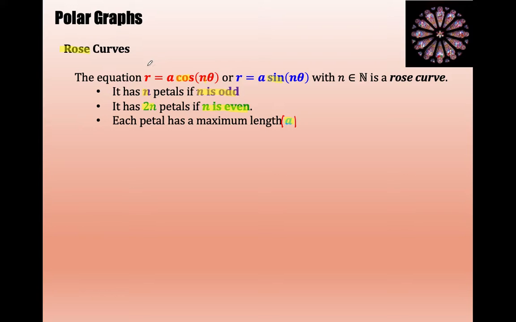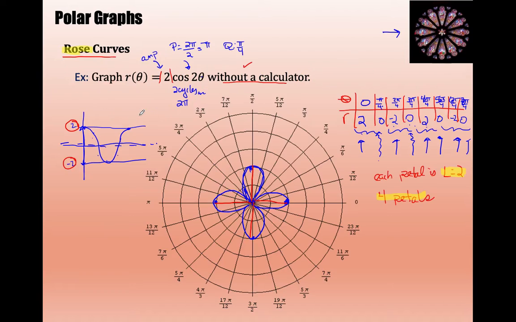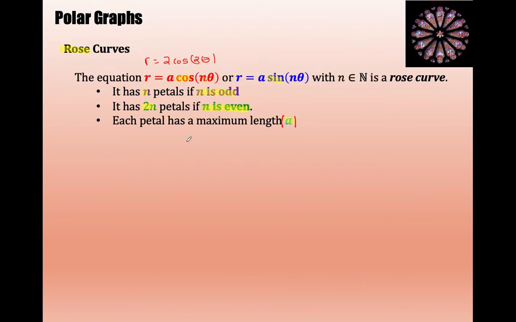So in the previous example, we had r equals 2 cosine 2 theta. We were dealing with this case.